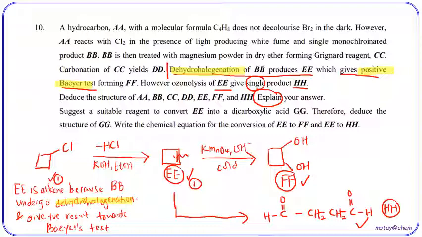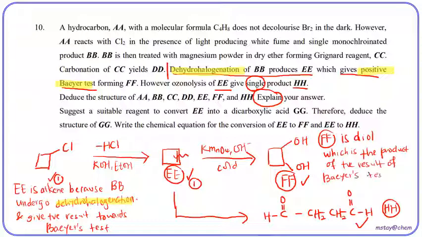Okay, so then you will say FF is diol, which is the product of the positive result of the Bayer test. So diol, another 1 mark here, and then the HH.